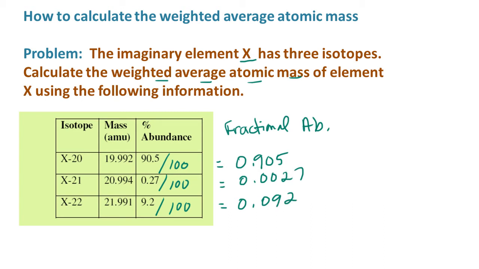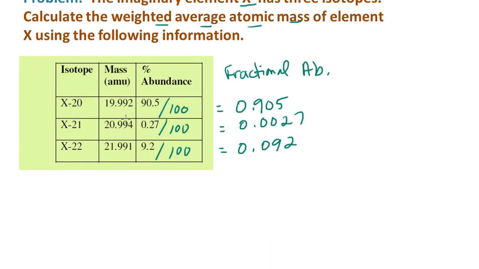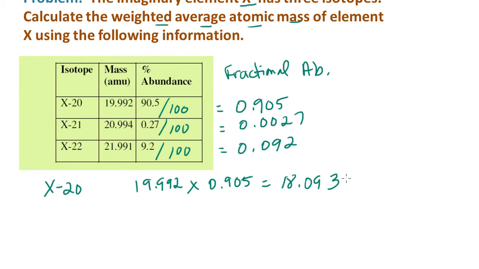Now, what I need to do next is multiply each atomic mass by the fractional abundance. So let's start with X20, and the atomic mass is 19.992, and I multiply that by its fractional abundance, which is 0.905, and I end up with 18.093 atomic mass units.